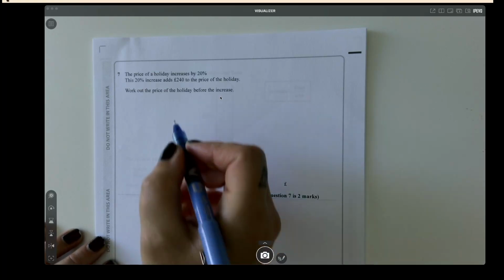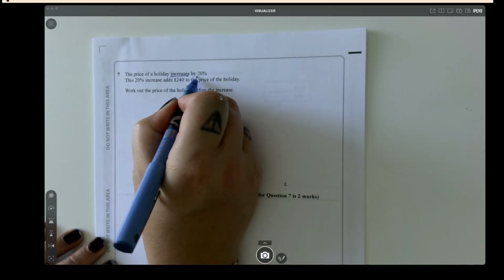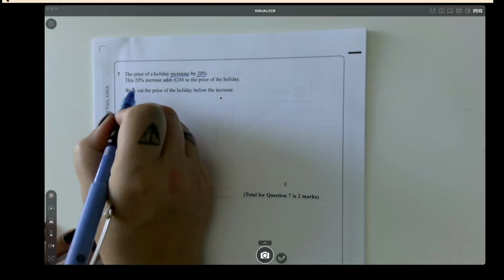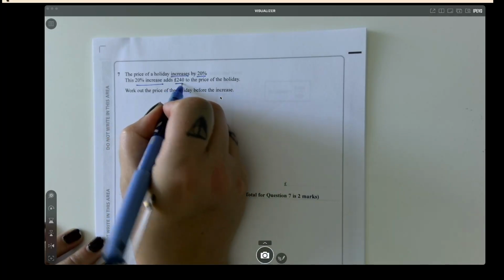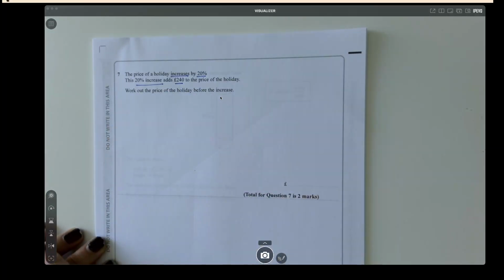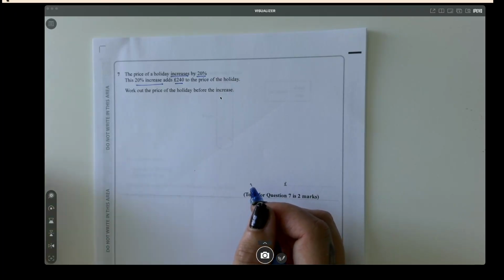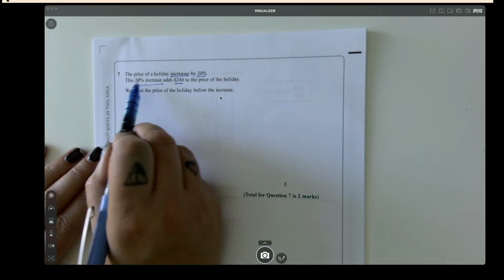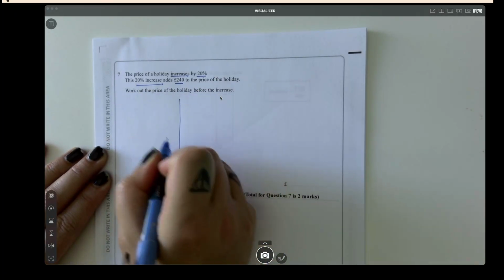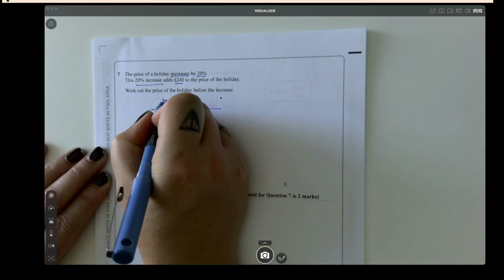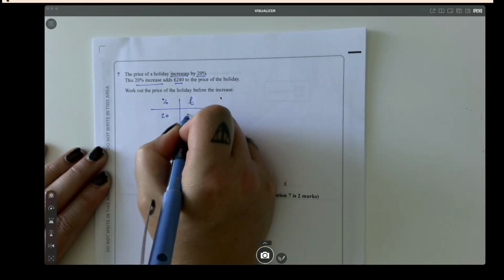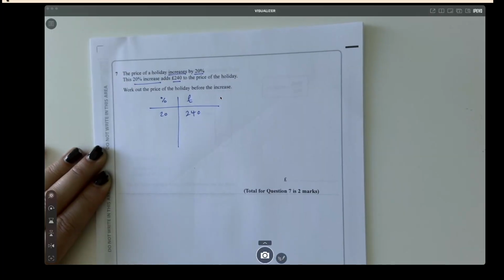Question 7. The price of a holiday increases by 20%. This 20% increase adds £240 to the price of the holiday. Work out the price of the holiday before the increase. So if that 20% adds £240, then that 20% must be equal to the £240.